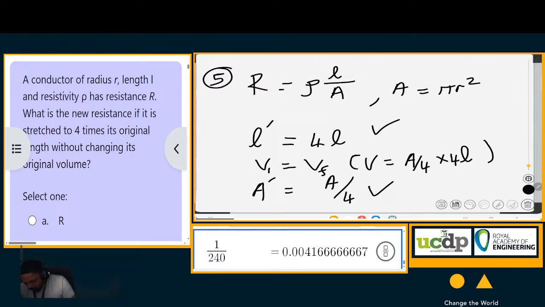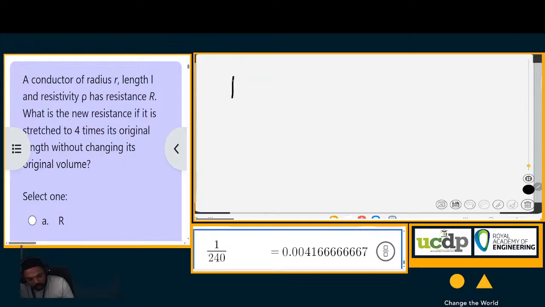So if we work it out, the new resistance R prime is equal to the resistivity, which is a property of the material and does not change, times the new length L prime over the new area A prime.